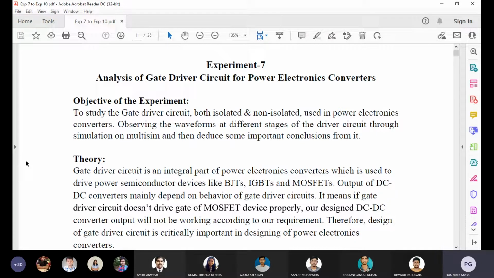LEM is a company that designs Hall effect sensors. It is magnetically isolated and behaves like a transformer, so we directly get an output voltage across the Hall effect voltage transducer.